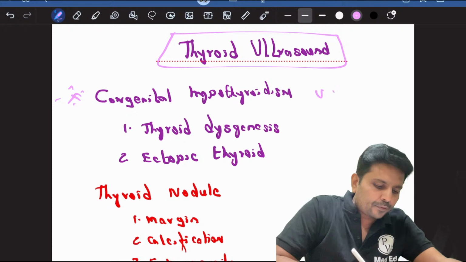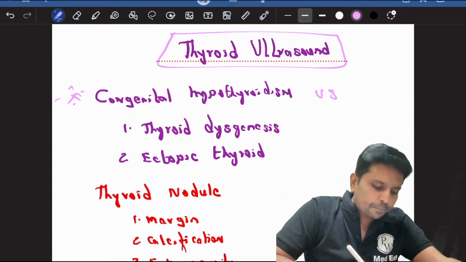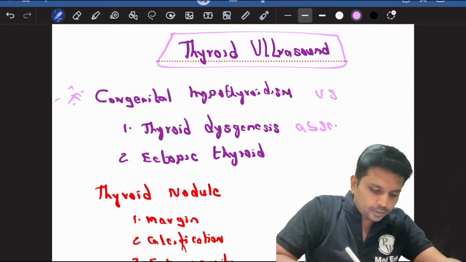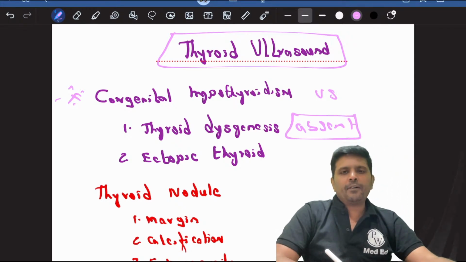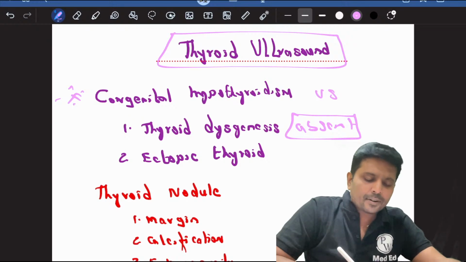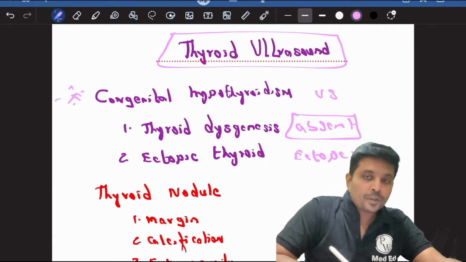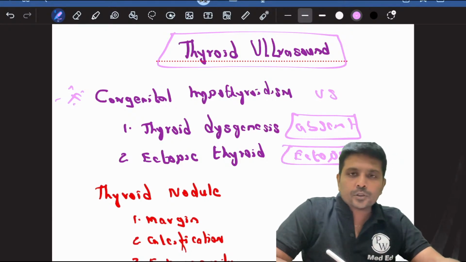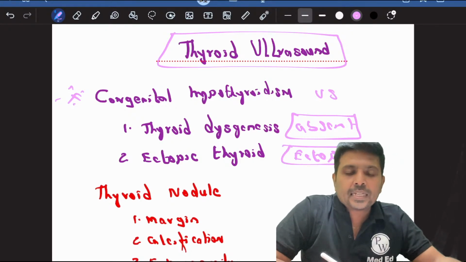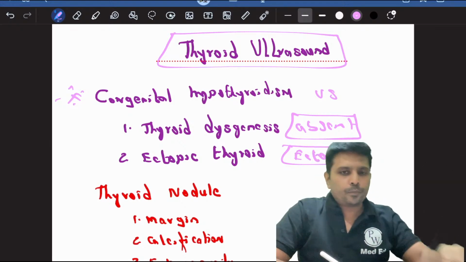If you keep your ultrasound probe over the trachea, absence of the thyroid gland can be identified with the help of ultrasound thyroid. Second, you can also find an ectopic thyroid gland above the level of the tracheal cartilages. So your ultrasound will try to find out whether it is thyroid dysgenesis or agenesis or ectopic thyroid.